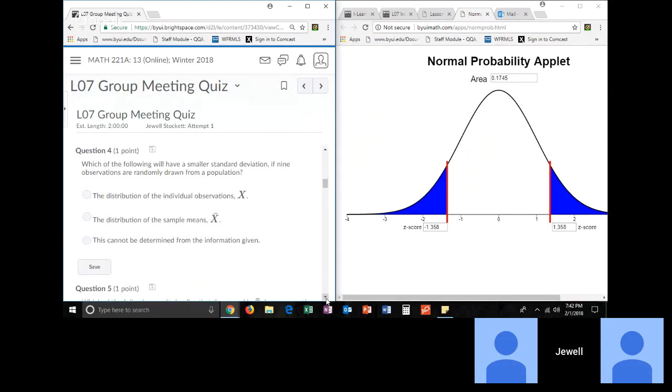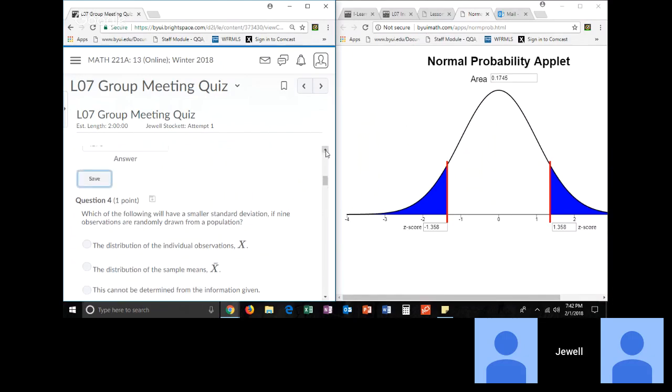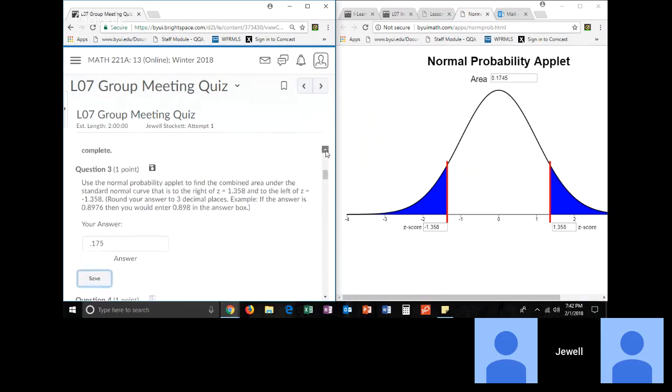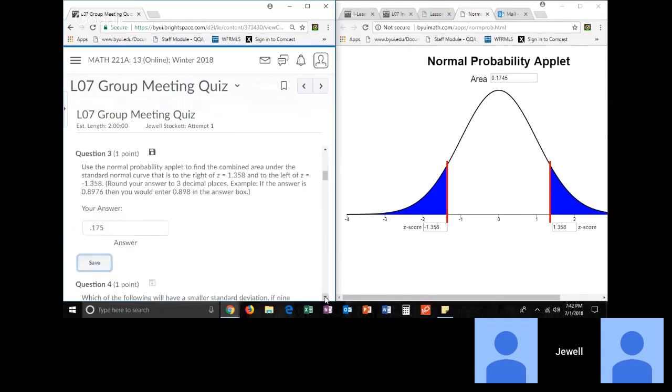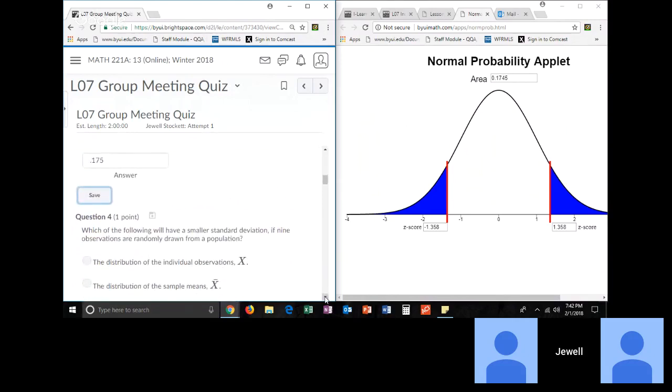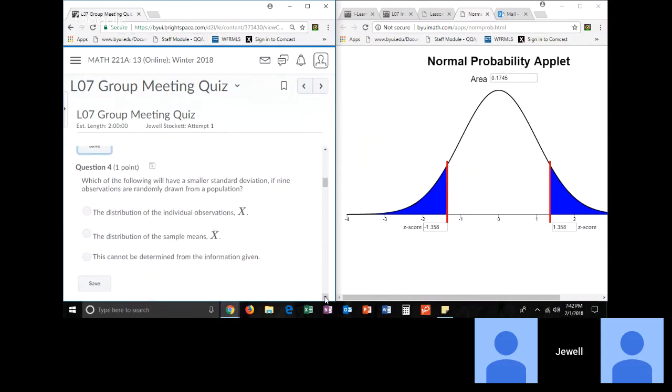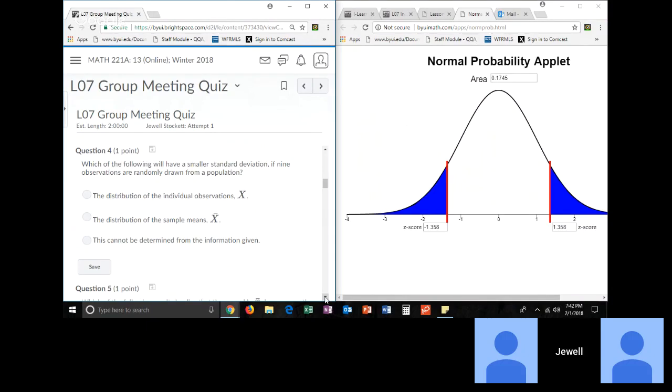Which of the following will have a smaller standard deviation if 9 observations are randomly drawn from the population? Wait, what information are we going from? 9 observations are randomly drawn from the distribution of the sample means.